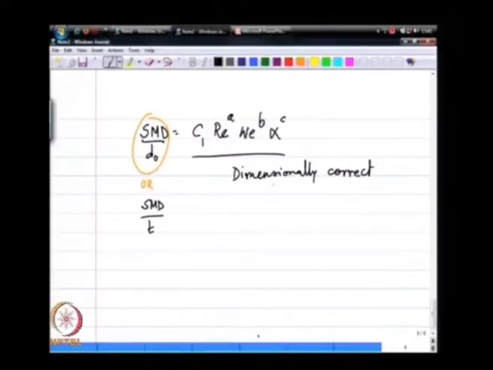Not just dimensionally correct, but unit system independent.